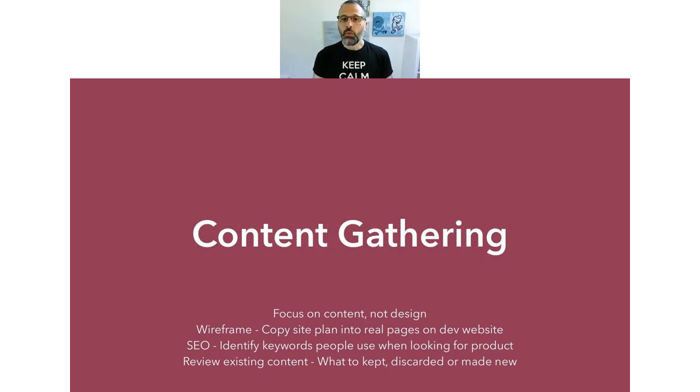Once you've brought everything together, the next thing to do is to then just work through it, look at it, decide whether you're going to keep it, discard it, or whether you need to write something new, maybe commission a photographer or copywriter to write new. But the first phase is to bring it all together and then start chucking it out.